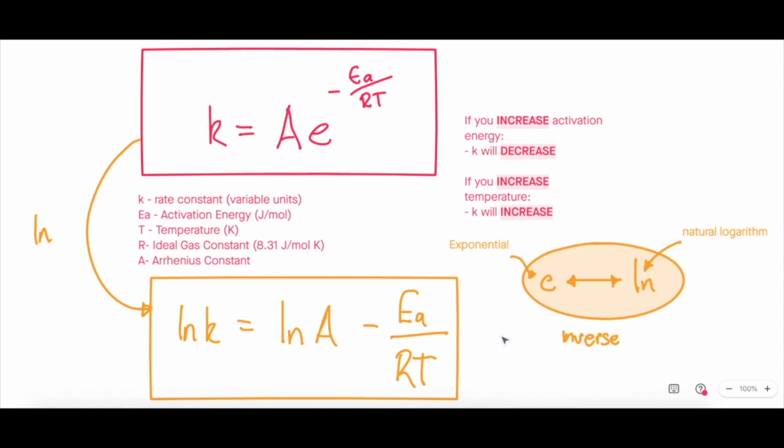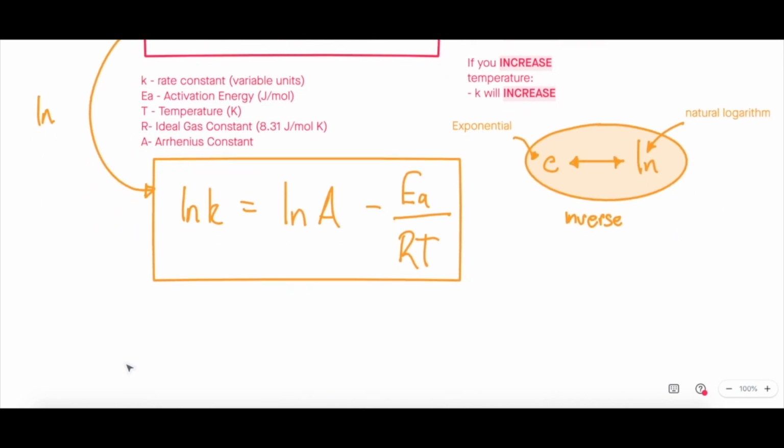So e is known as the exponential and ln is known as the natural logarithm, and both of them are inverses of each other. To get rid of an e, you would ln the whole expression, and if you want to get rid of the ln, you exponential the whole equation. So be aware of this, it'll come up a bit later.